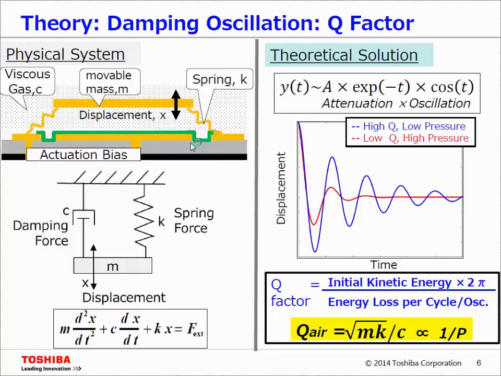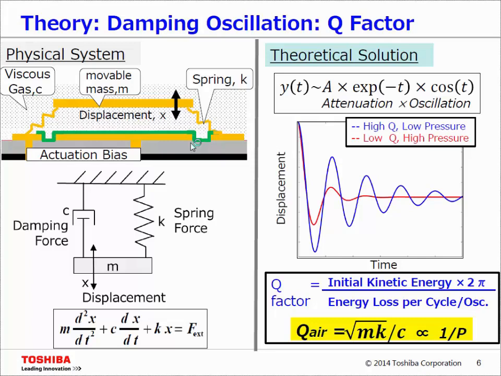The standard theoretical solution for this equation is a product of attenuation and oscillation with the initial displacement. And this is a simulation waveform of the displacement against time. We can see attenuation and oscillation here. This waveform can be described by a dimensionless factor called the Q factor.